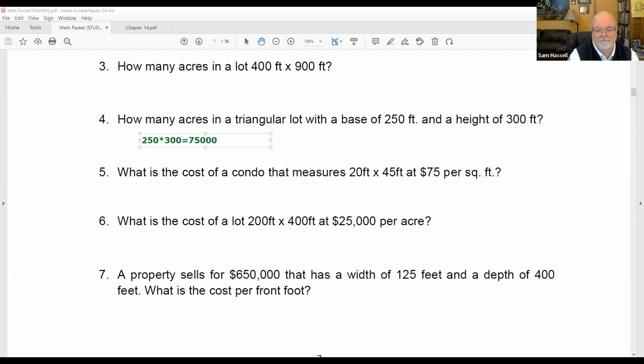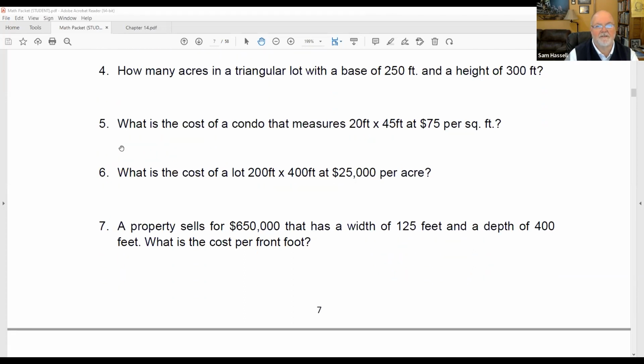Divided by 2, that's going to be 37,500. Then we take that 37,500 and divide it by 43,560. Okay, 0.86.